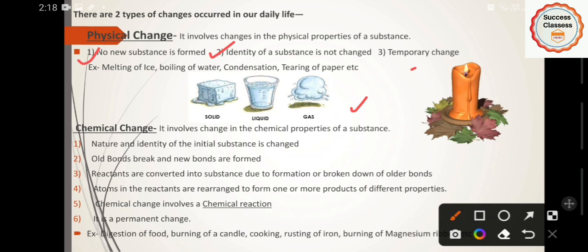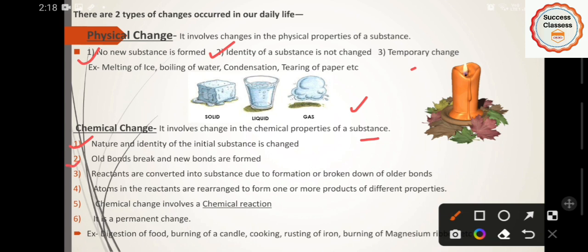The chemical change is a change which involves a change in the chemical properties of the substance. Here, the nature and identity of the substance is changed. Old bonds break and new bonds are formed.